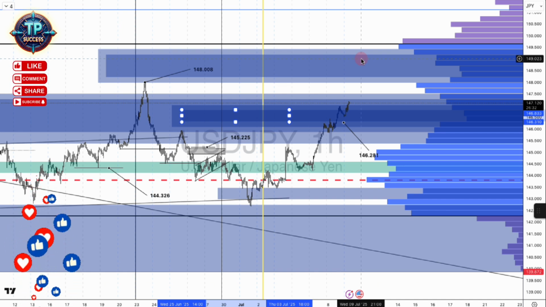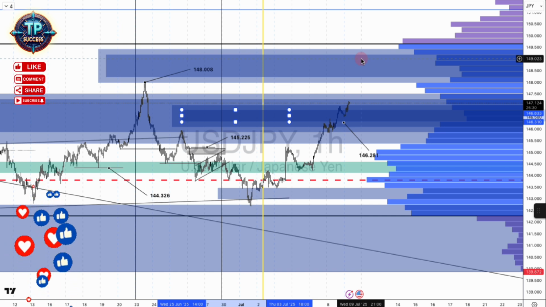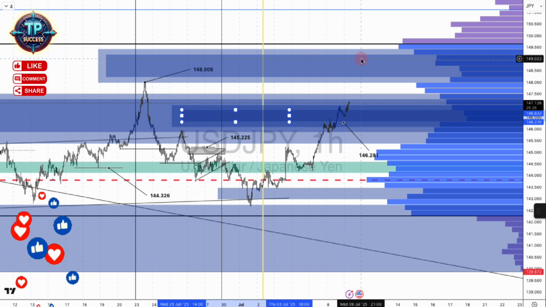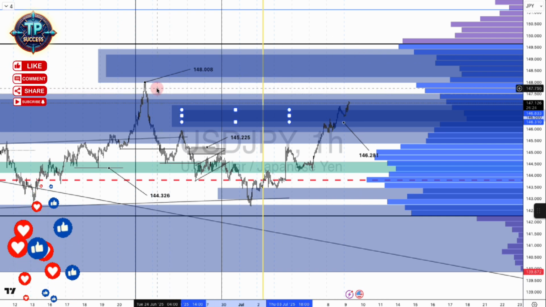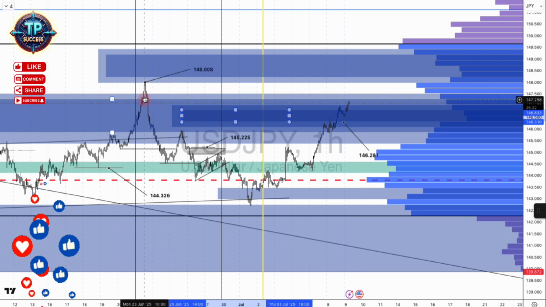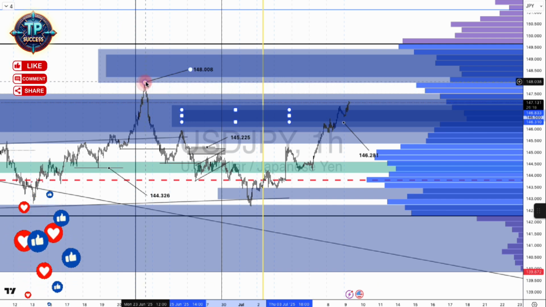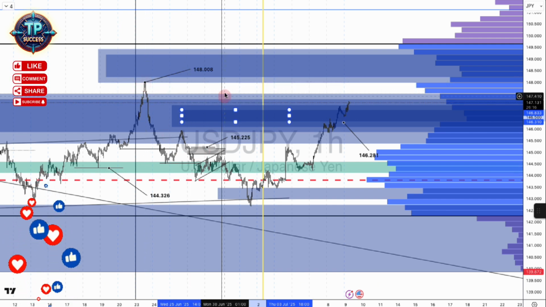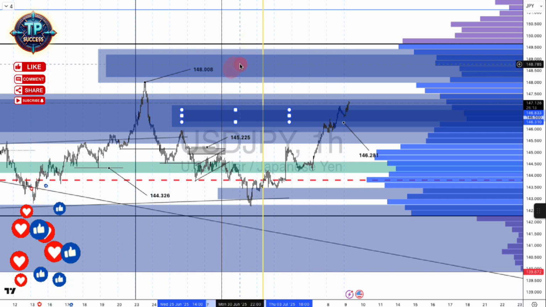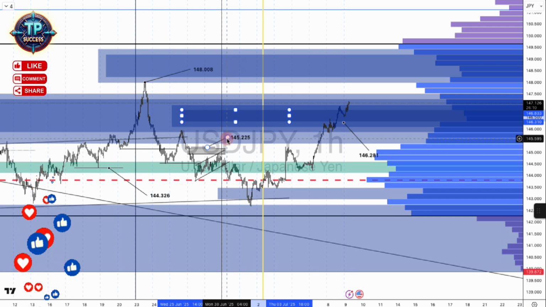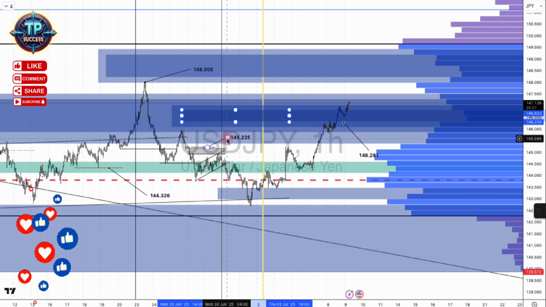And obviously, if it bounces through, then it clearly states that it's moving in that one direction. For example, with the peak that we had here, you can see it just touched the edge of it and moved away rapidly. It didn't even go into the second level of the low value node area. It didn't even attempt that at all.